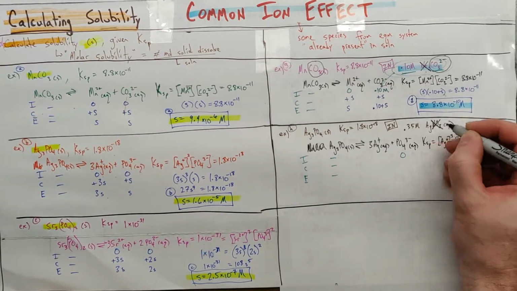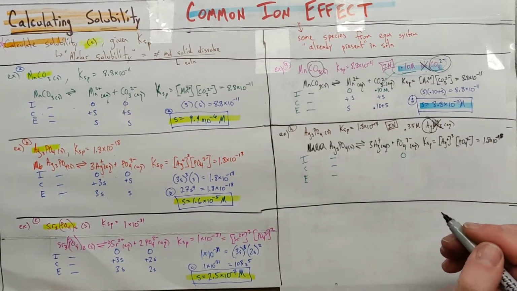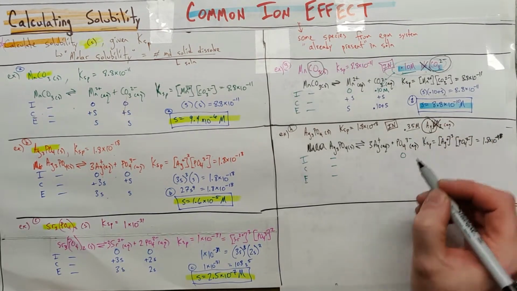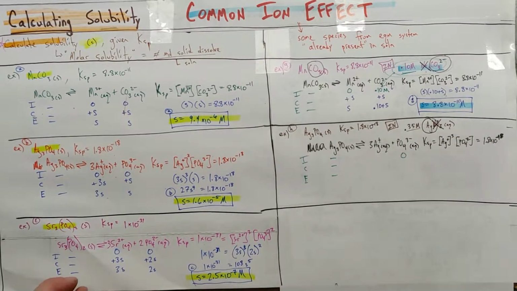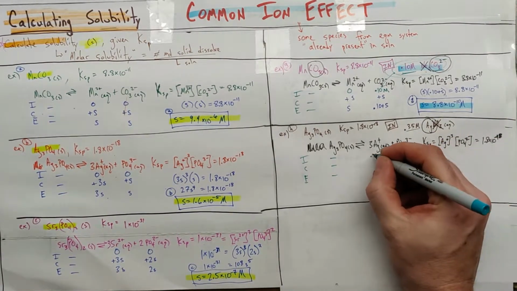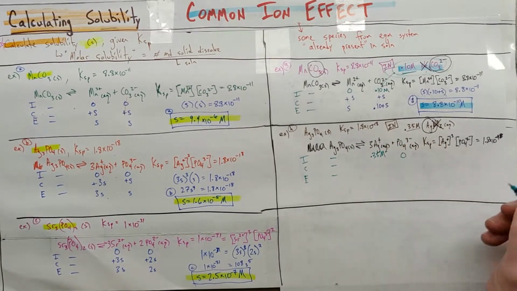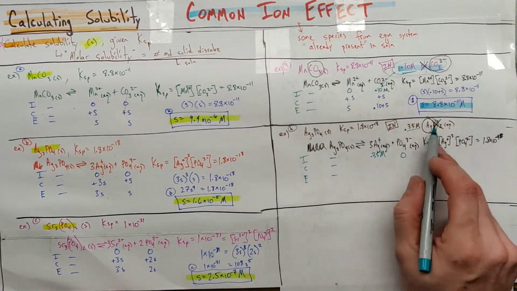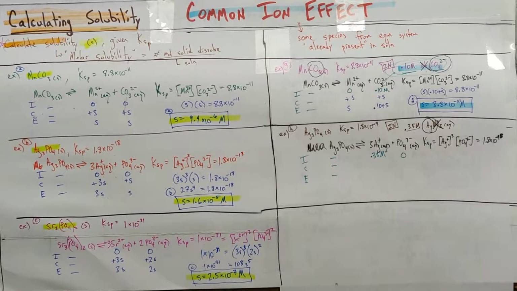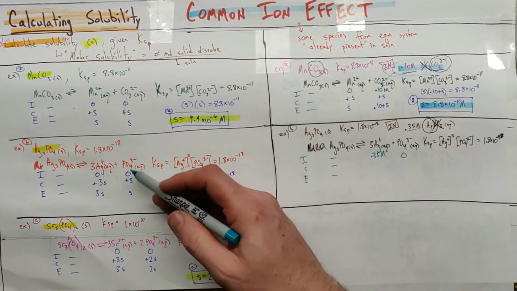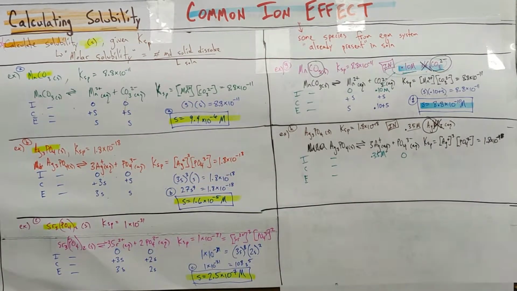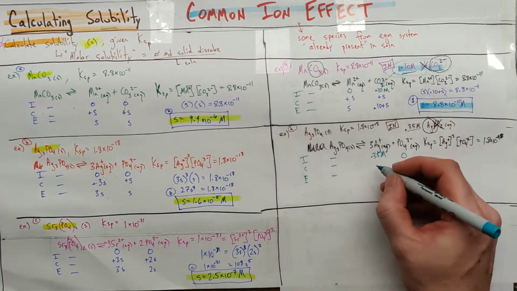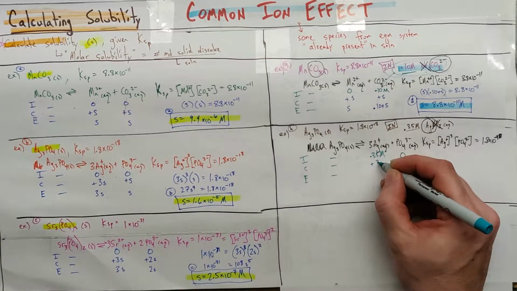The NO3 is not part of that, but the Ag plus is, and I've got some amount of it right there, which is 0.35 molar. So we have some starting out from some other thing. Or you could pretend that you did this dissociation and then added 0.35 molar silver nitrate equivalent without changing the volume, etc., etc. This is going to go up by 3s.